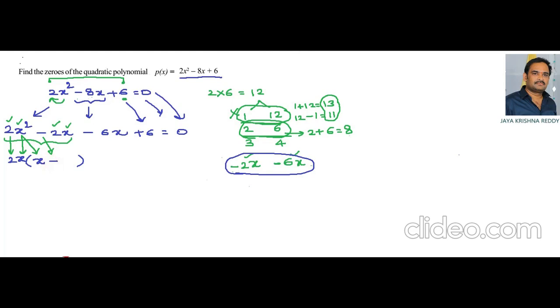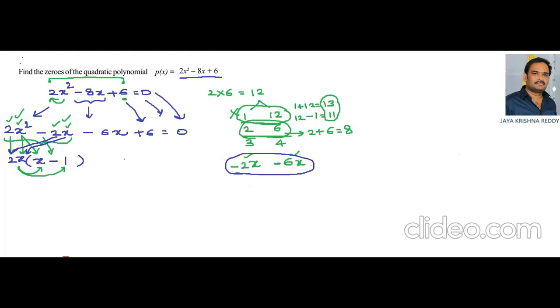And from the second term, 2 is there already outside and x is also there outside. That means here you have to write only 1. You can check whether this is right or wrong. See, 2x into x, you have to multiply the terms in the bracket with the outside term 2x. 2x into x is nothing but 2x square, and 2x into minus 1, you will get minus 2x.